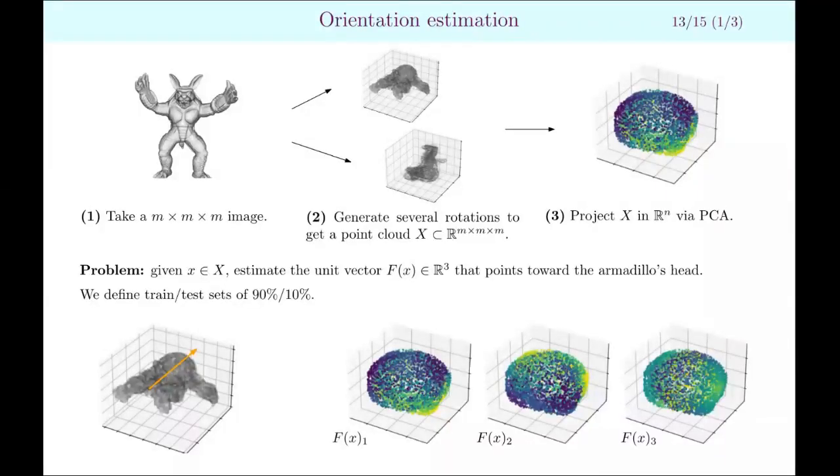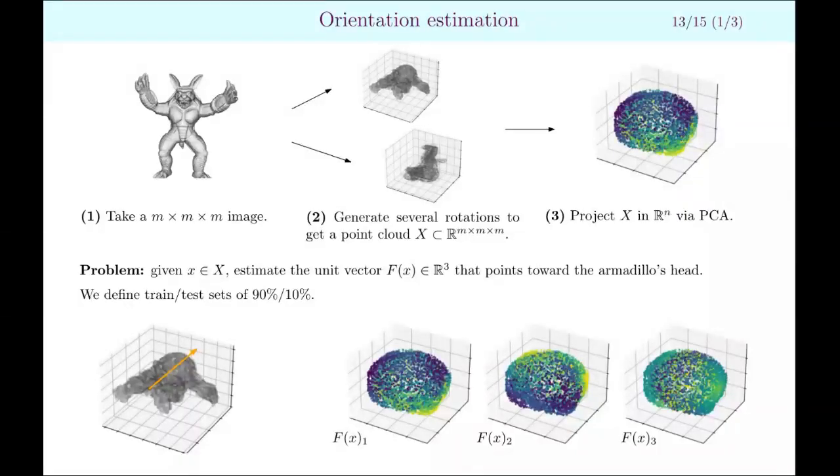So you look at the orientation of the initial image. Any objective function could work for this example. Just try to find something not too simple. So I separate it into training and test. This is a representation of the objective function on this point cloud.